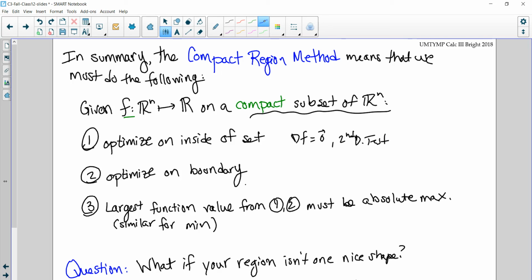After this, we need to optimize on the boundary. So we want to parameterize first, and then once we parameterize, plug it in, or substitute into the function.